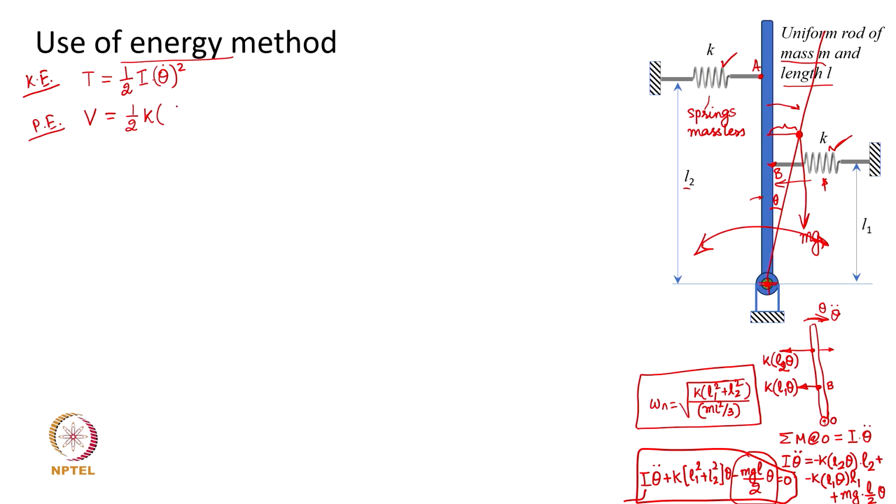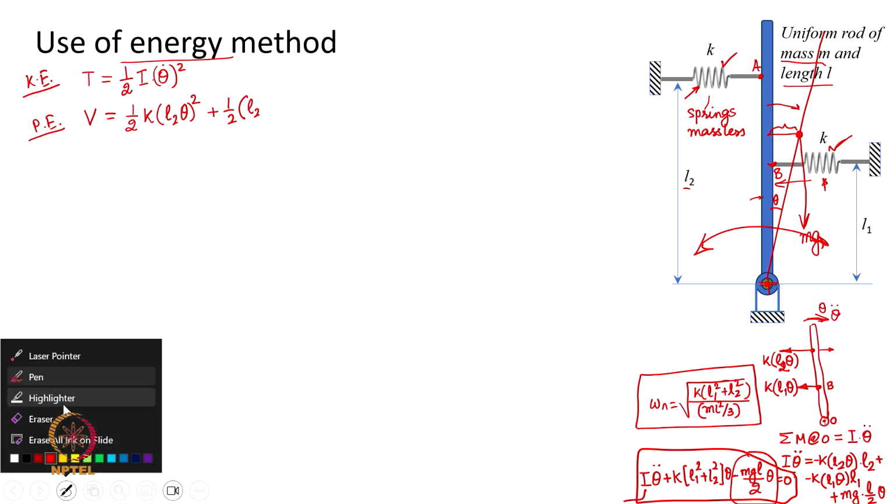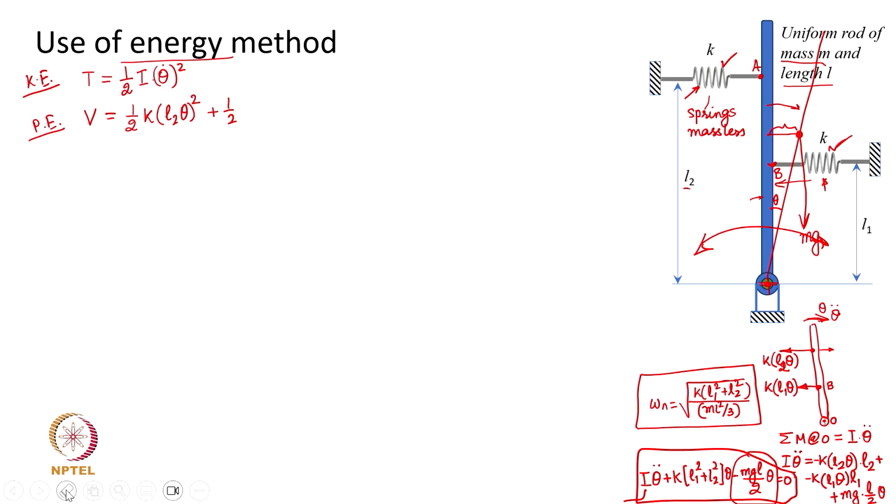In this case the elongation in the spring is L2 into theta, that is our extension in the spring, which is located at L2 distance from the hinge. So, square of this basically is the strain energy of the first spring. The strain energy of the second spring is K into L1 theta whole square.